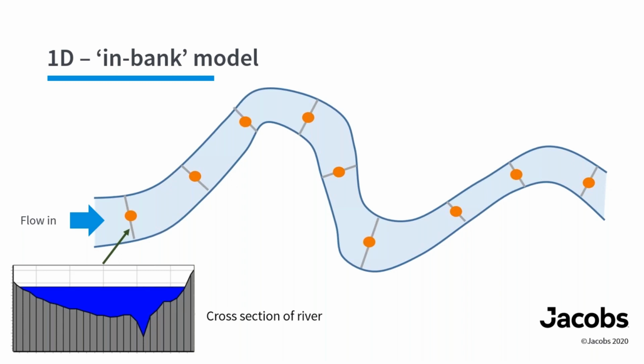That's what the orange dots are meant to represent, where we're assuming that we only do an average calculation. So it's the average flow through that grey line and a single water level through that grey line, which can be represented by the orange dot. So we're calculating everything at 1D, 1D averaged information at these points along a river cross section. Essentially, that's what a 1D model is.